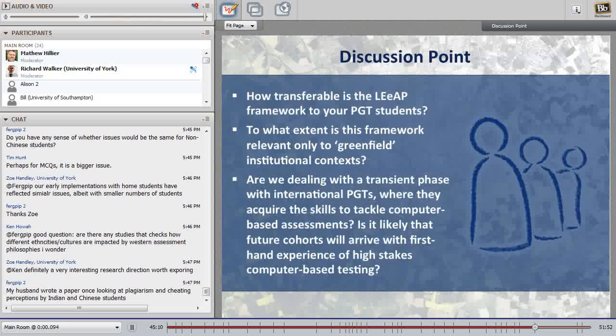What we'd like to do to finish off is to see what you think of our framework, how transferable you think it might be to postgraduates you work with, or even undergraduates, and also to think about whether our experience is only relevant to greenfield institutions, and finally to think about whether this is just an issue at the moment, and as students become more and more familiar with computer-based assessment, perhaps from their experiences in school or on their undergraduate programs, this is going to be less of an issue for ourselves.